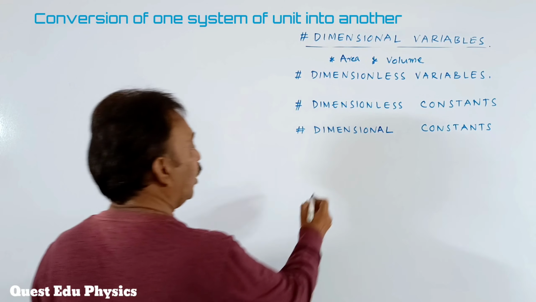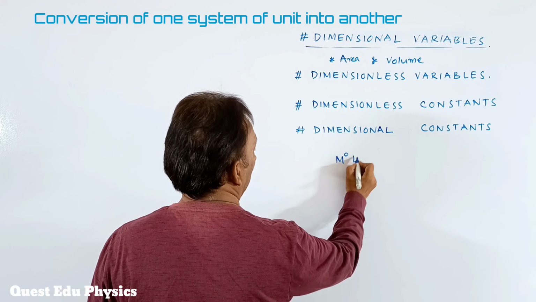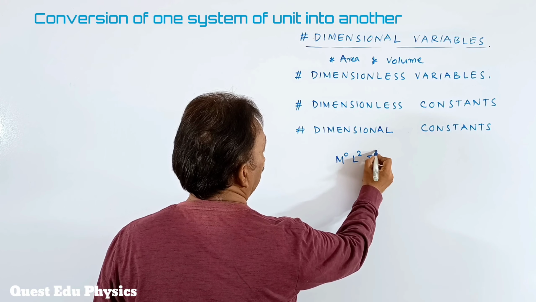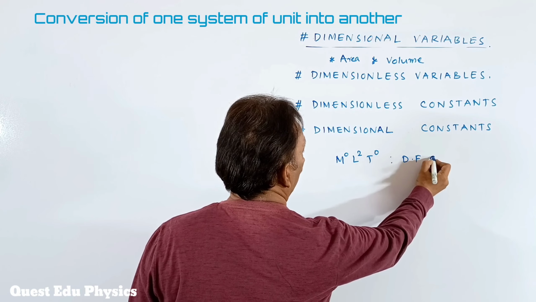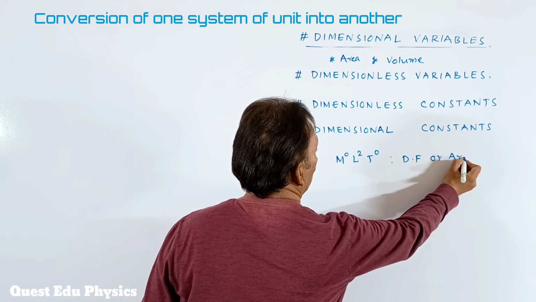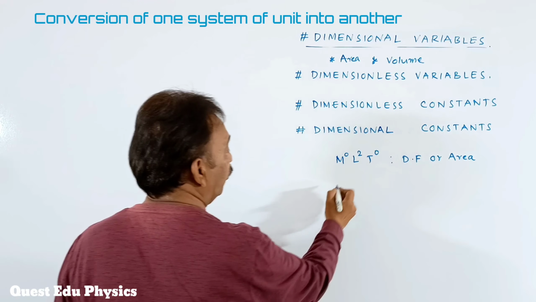The dimensional formula of area is M^0 L^2 T^0. Similarly, for volume it is M^0 L^3 T^0.